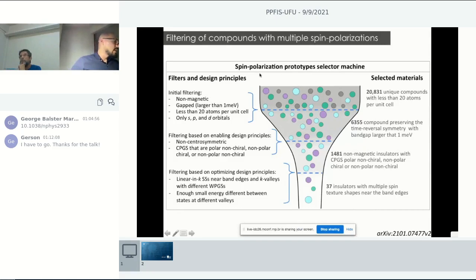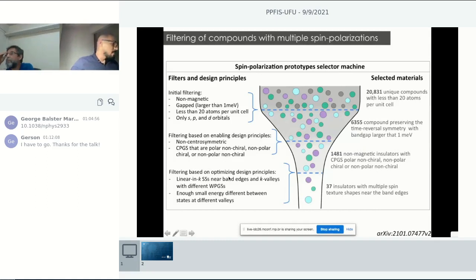So what we did was first remove compounds that are magnetic, pick up only those that are gapped, select all compounds that have less than 20 atoms because we wanted to perform calculations for them, and exclude also compounds that have F orbitals. Finally, we also select compounds that are not centrosymmetric, those that are polar non-chiral, non-polar chiral, and non-polar non-chiral, to guarantee that they have multiple spin textures.